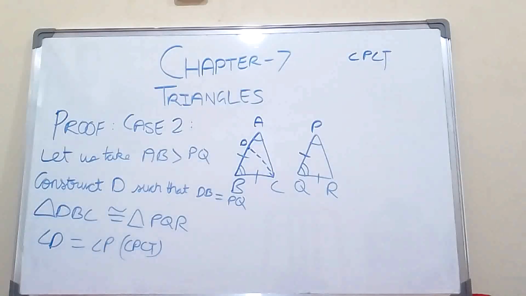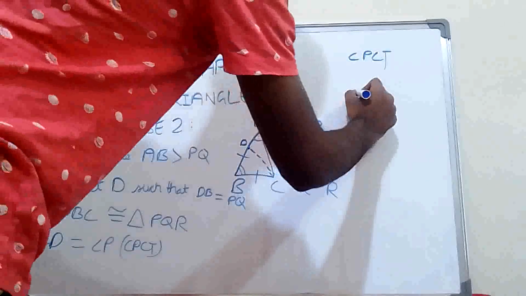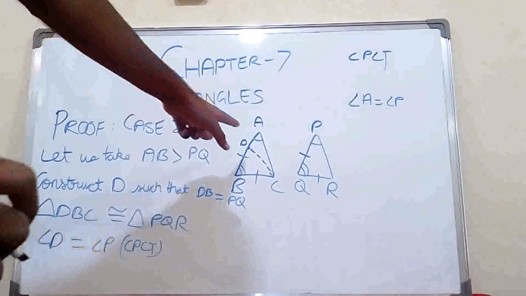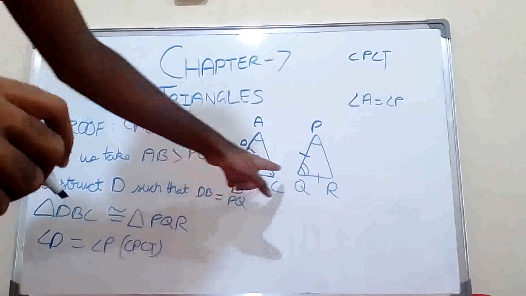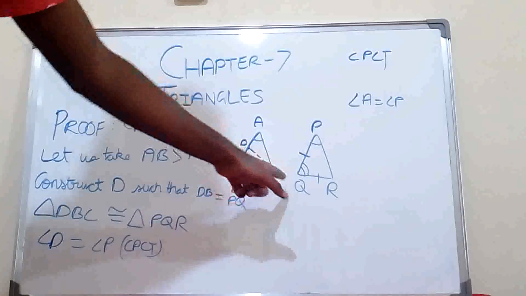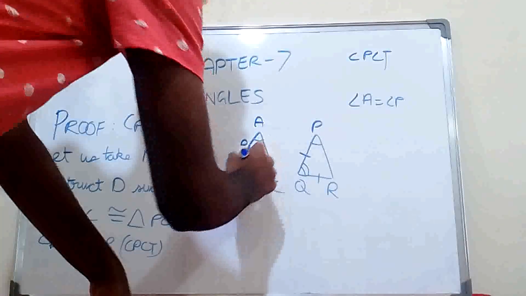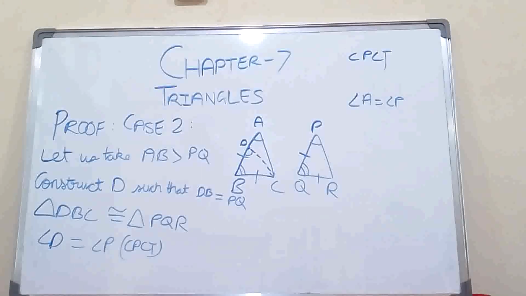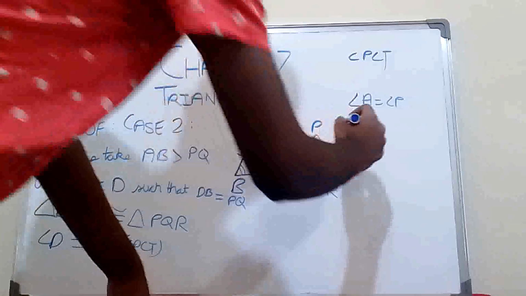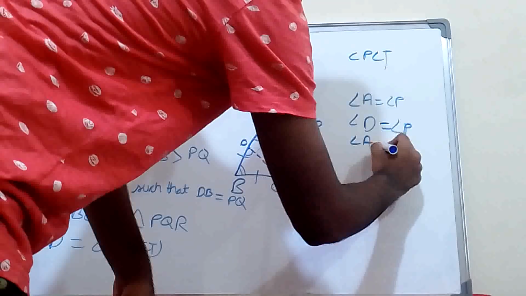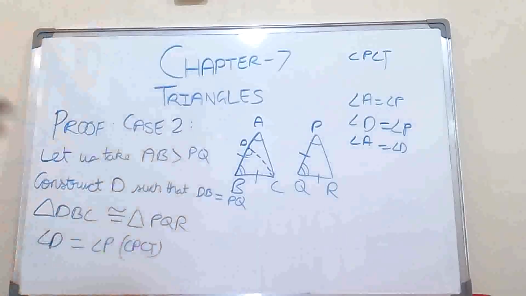But then that contradicts the fact that angle A is equal to angle P. Remember that at the start we had angle A equal to angle P, angle B equal to angle Q, and BC equal to QR. So these were the given values, but then we found out that angle D equals angle P. But this cannot happen because angle A is equal to angle P. Angle D can only be equal to angle P if angle A equals angle D. And how can this happen?